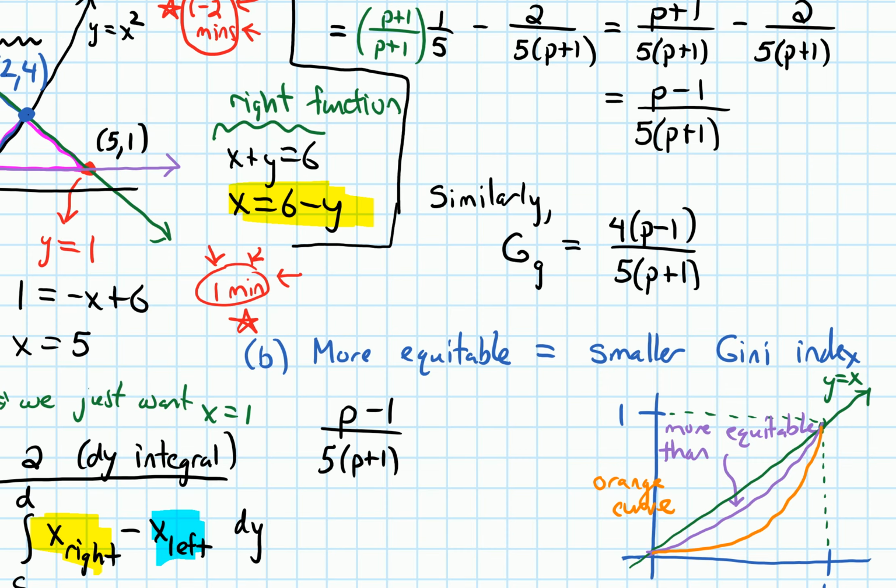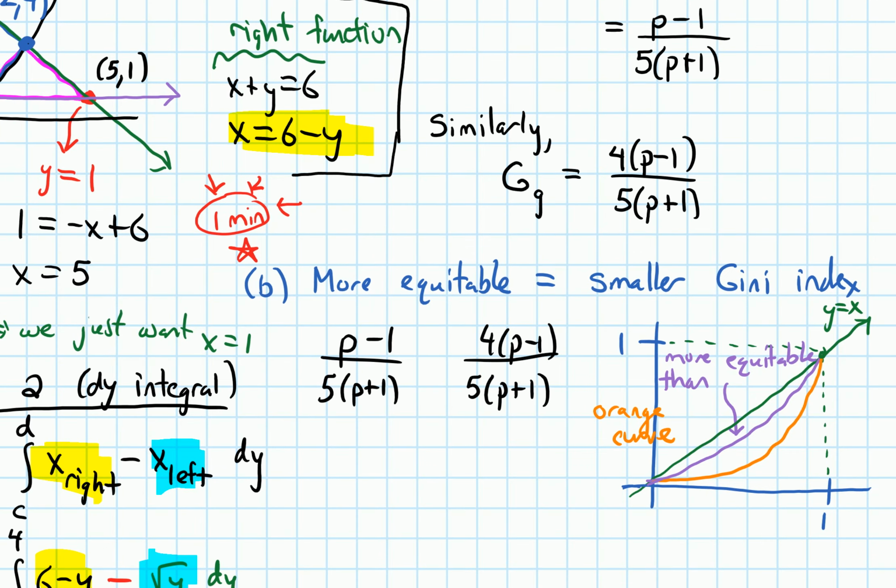And the other one was 4 times p minus 1 over 5 times p plus 1. So looking at these, the smaller one is the one on the left, because they both have the same denominator, but the fraction on the right has a bigger numerator.